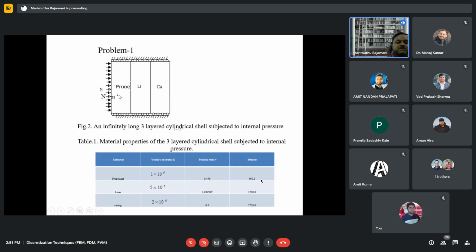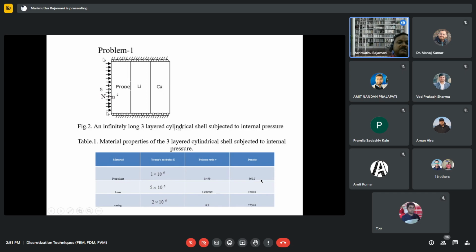This is problem one, where propellant, liner, and casings are there. This has been solved as a static problem first, where Poisson's ratio is 0.499 and all taken.